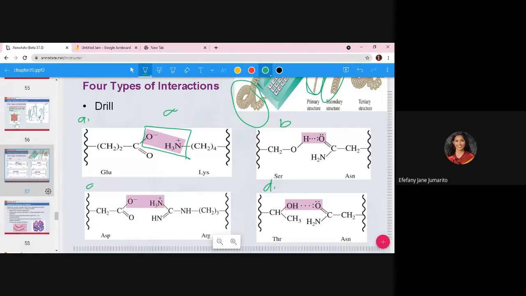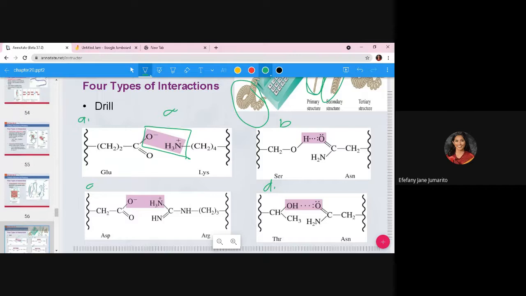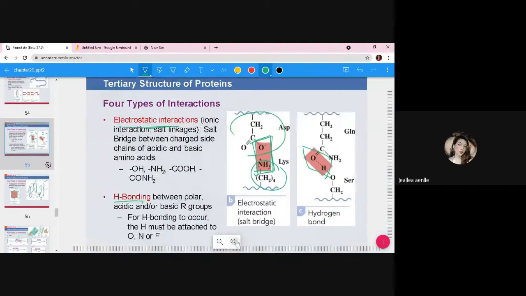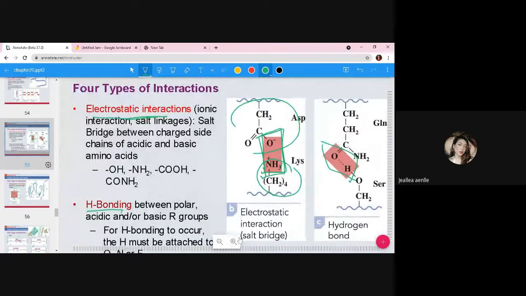Okay, so letter A is electrostatic, ma'am. Electrostatic, okay, look at this one. Letter A is we have the negative. Okay, look for electrostatic interaction.